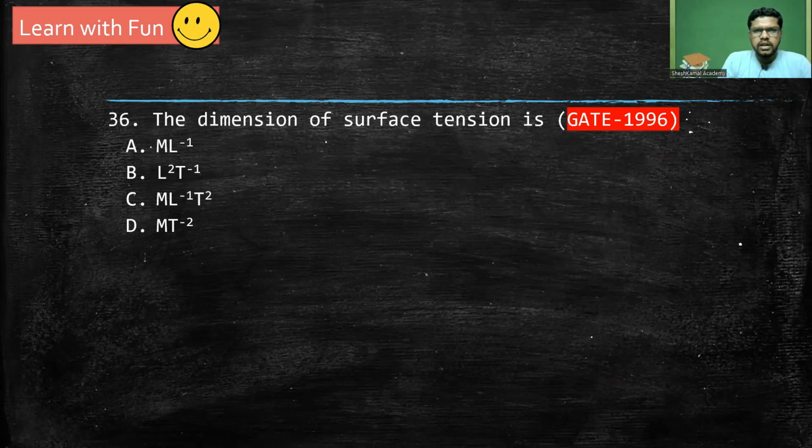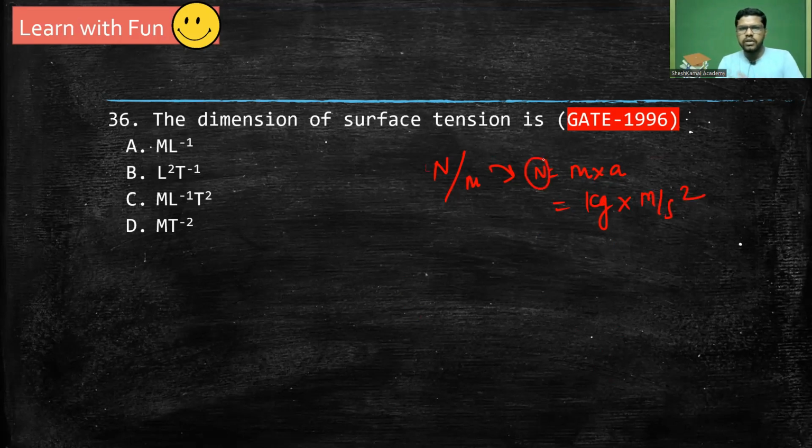Dimension of surface tension. How to find out the dimension? I will give you an example. The unit of surface tension is Newton per meter. Now convert that unit into the fundamental quantities. Newton is nothing but mass into acceleration. Mass has unit kg, and acceleration has unit meter per second square. So put the fundamental quantities for Newton.